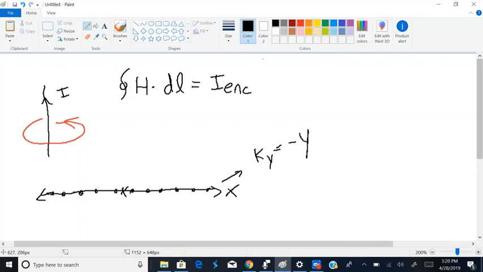Now, looking at each of these wires, they're going to produce a magnetic field in a counterclockwise direction as such, based on this rule I just told you. If you look at them, these are going to go like this, and this will go like this. So we can actually say that these cancel out.